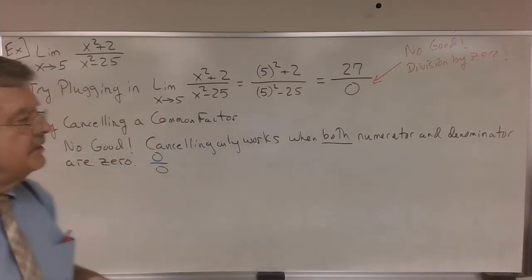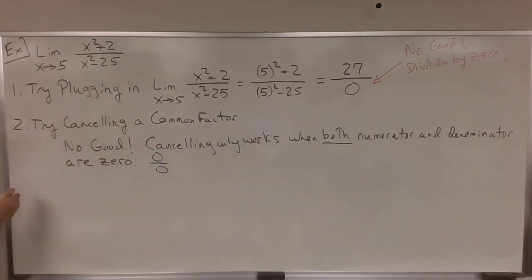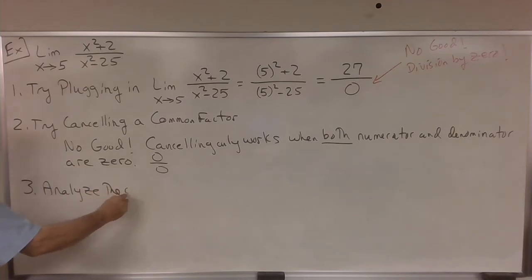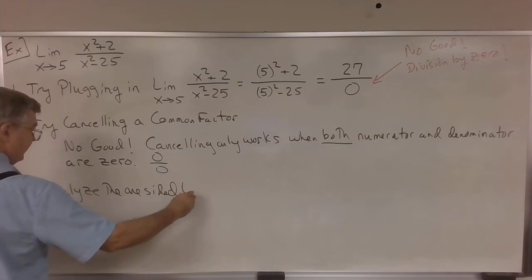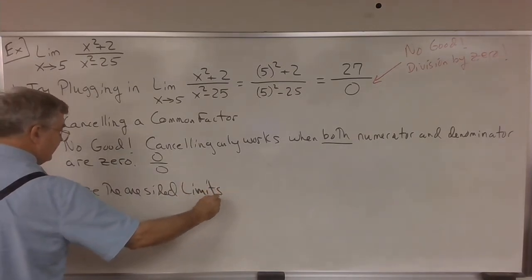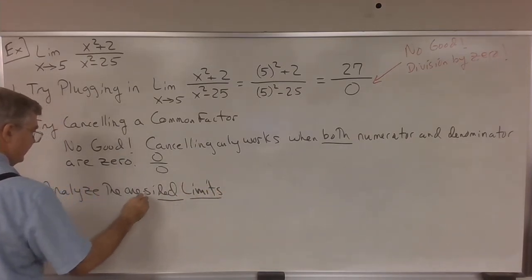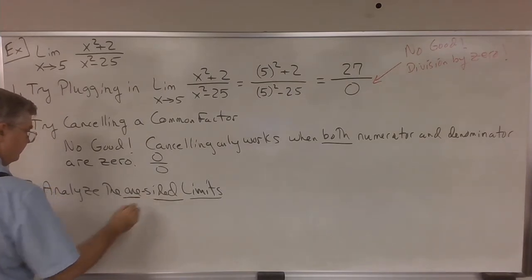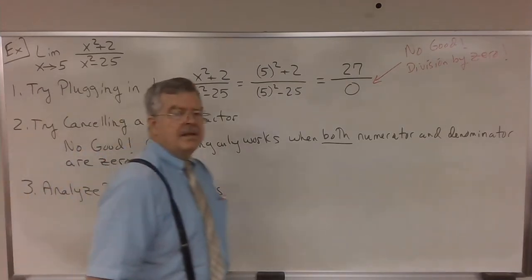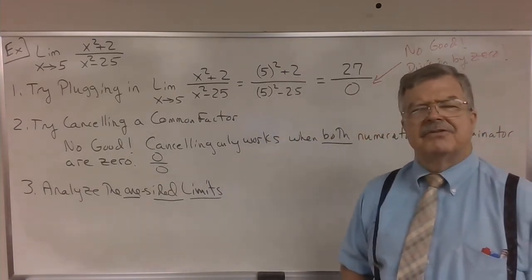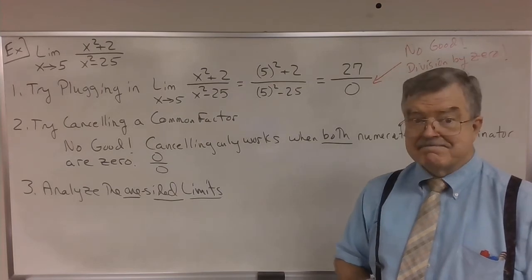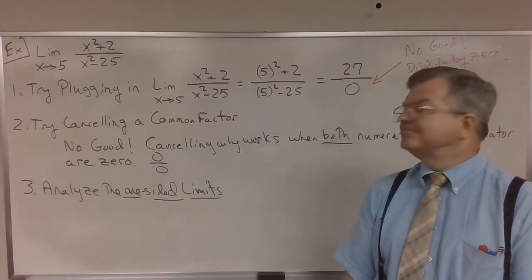So we go to plan C, or step 3. Okay, that's why we were so interested in one-sided limits. I see.